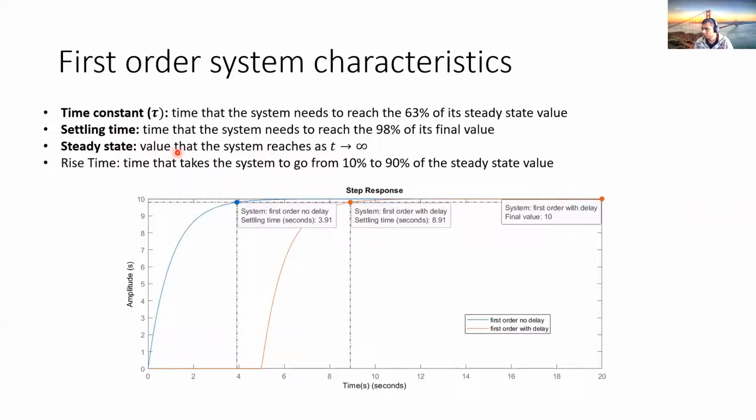The steady state is the value of the response of the system, in theory, when the time goes to infinity. Here in the graphs, as you can see, for example, in this case, after 9 seconds, in the other one, 4 seconds, we already reached that steady state response, that in this case corresponds to 10.